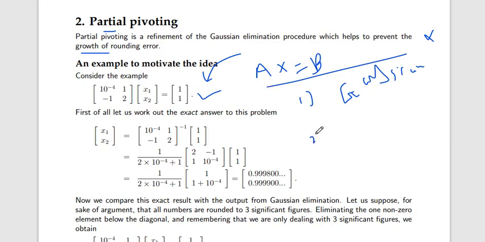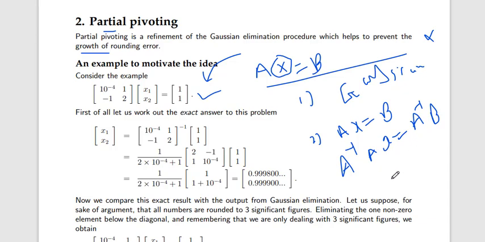Here you can also find the value of x by a different method. How? Here you have Ax is equal to b. You can multiply both sides by A inverse. A inverse into Ax is equal to A inverse b.